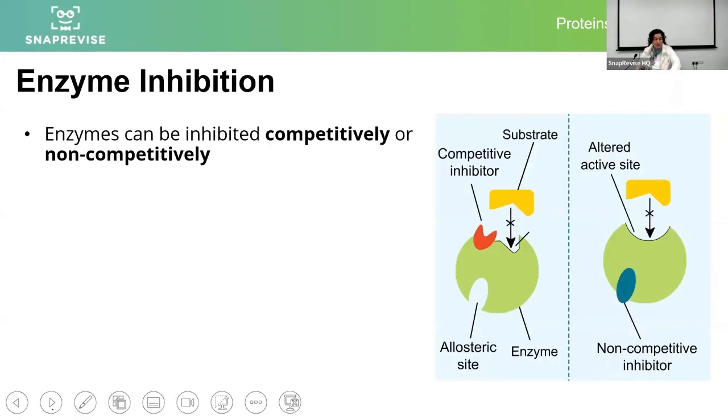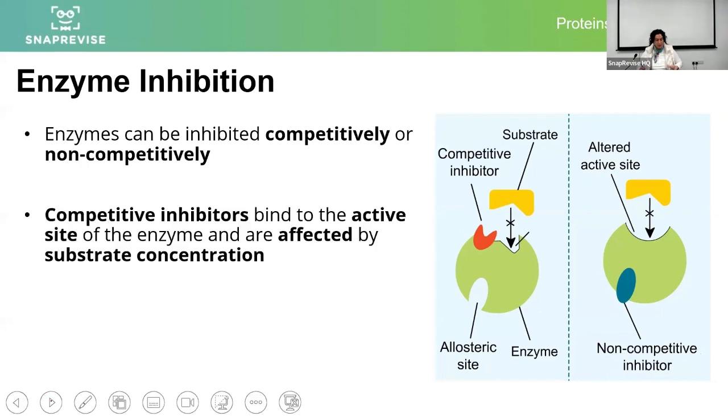How does enzyme inhibition work? We've got two main classes, two types of inhibitors. One is a competitive inhibitor, and the other a non-competitive inhibitor. And they work in two distinct ways. And the naming here is quite telling of what they do and how they work. Competitive inhibitors bind to the actual active site. So what does that mean?